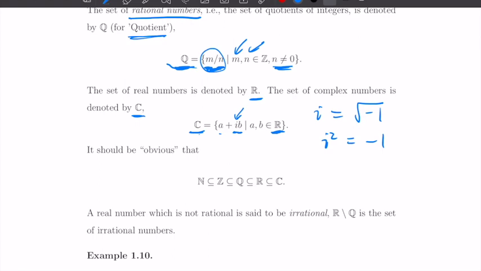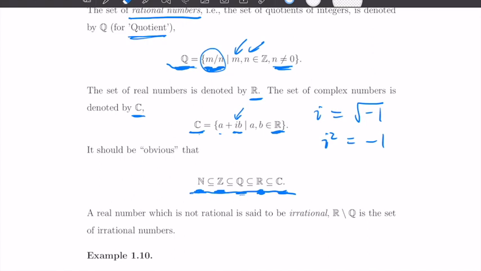So we have natural numbers, integers, rational numbers, real numbers, and complex numbers. And I think it should be obvious that this inclusion holds. Natural numbers are a part of integers, which are a part of rational numbers, which are part of real numbers, which are part of complex numbers.